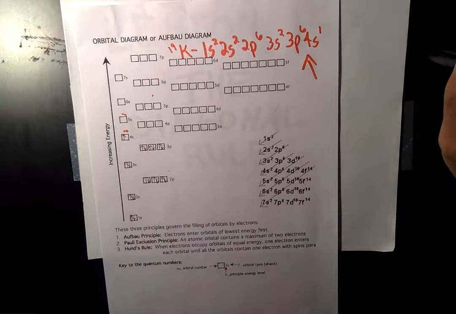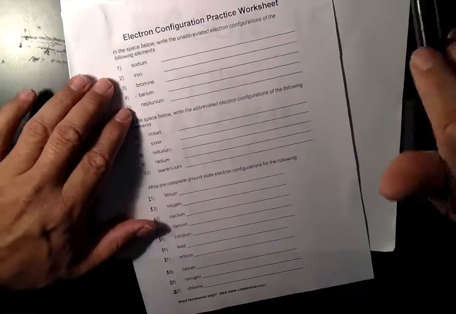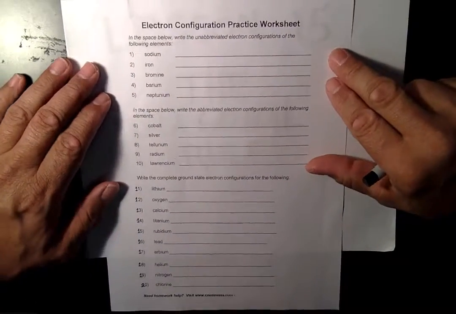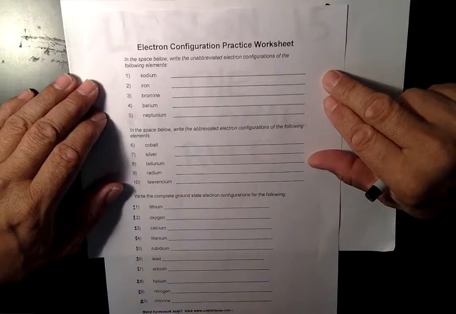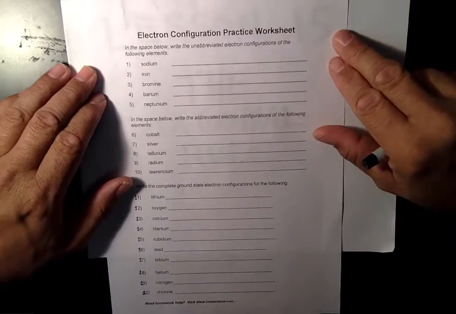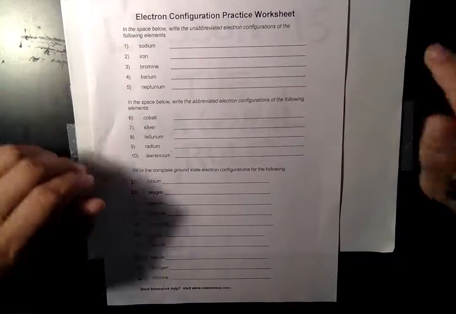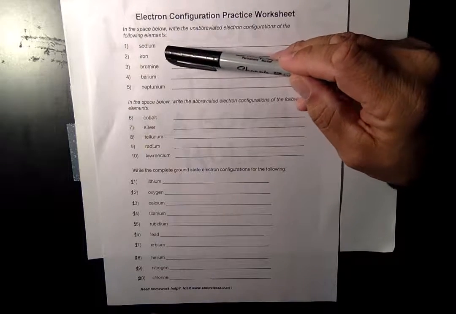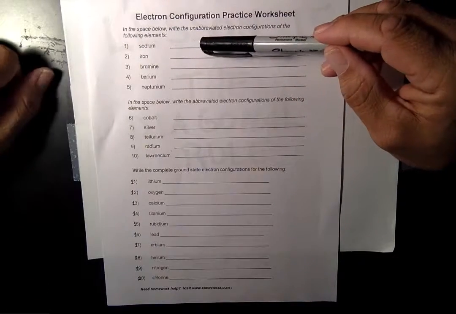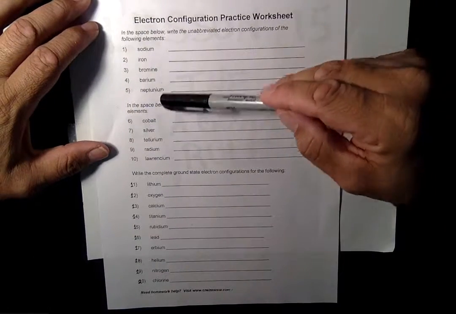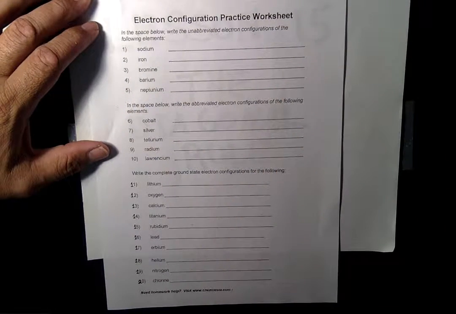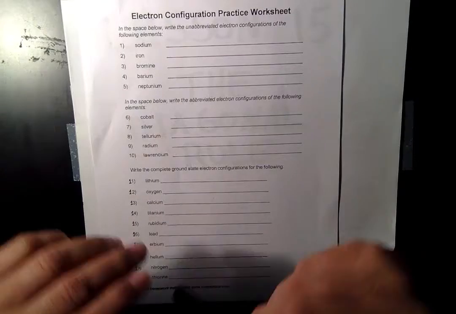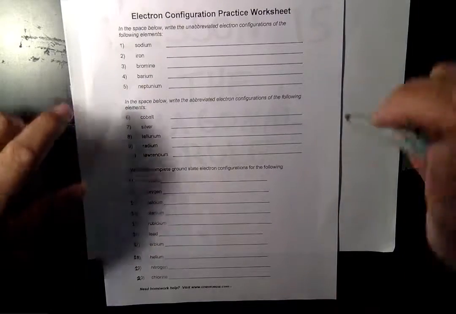All right? Okay, now go ahead and turn your paper over. On the other side, you have your electron configuration practice worksheet. I want you to go ahead and give me the electron configurations for each one of these elements, okay? All you got to do is look up and see what the atomic number is.